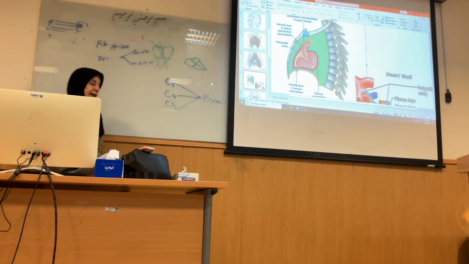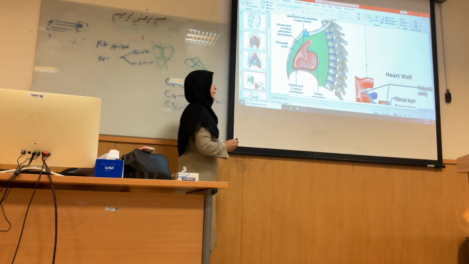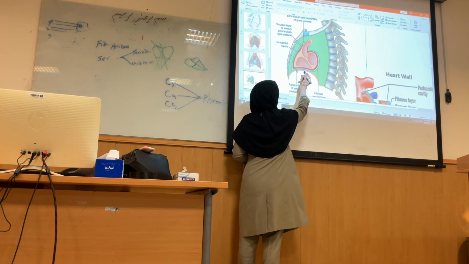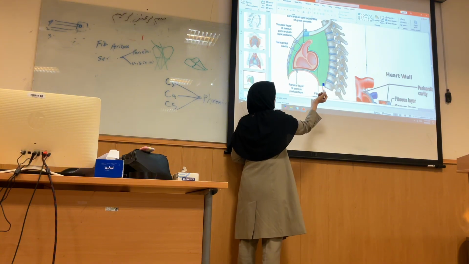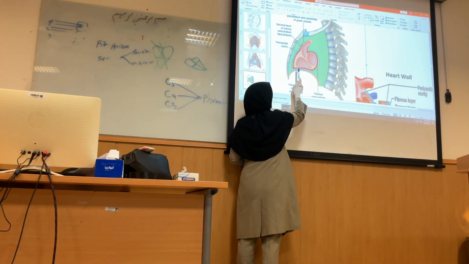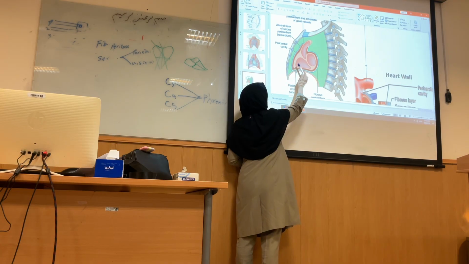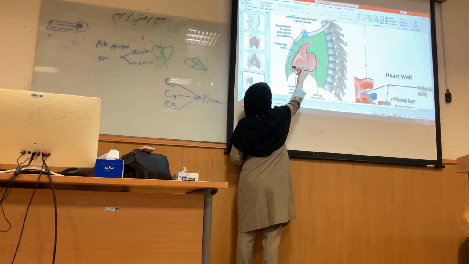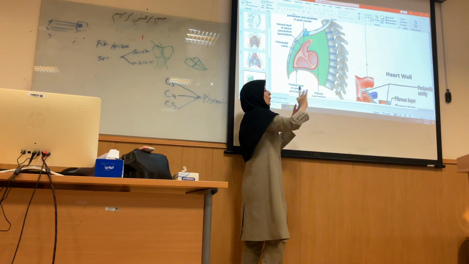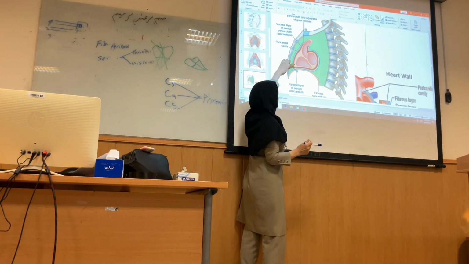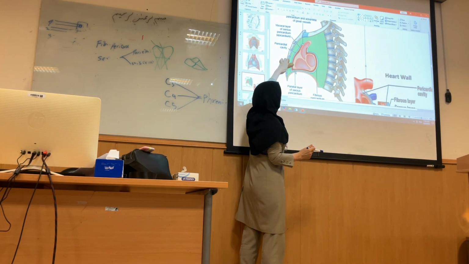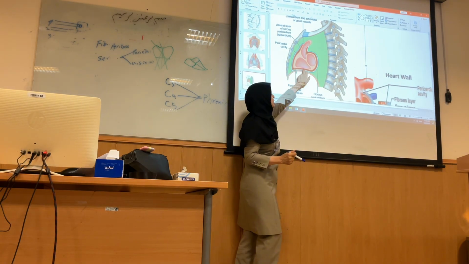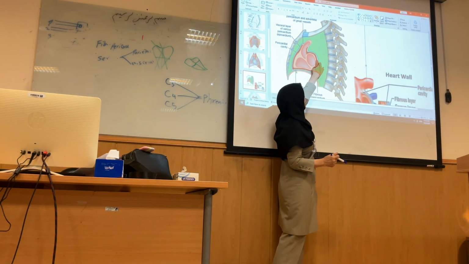And the serous pericardium is between the parietal serous and visceral serous. We call this black color the pericardial cavity.